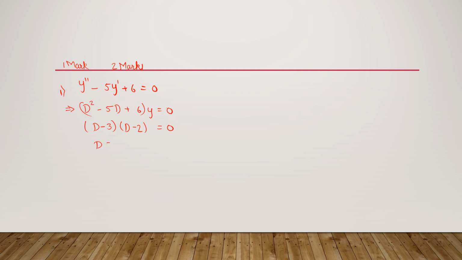So D will be equal to 3, 2. So the roots are real and distinct. So the complementary function, which is itself the solution of the given differential equation, will be given as c1 e^(2x) + c2 e^(3x).